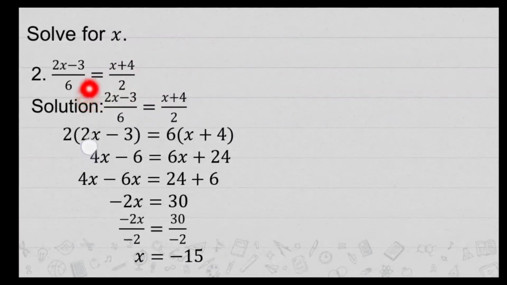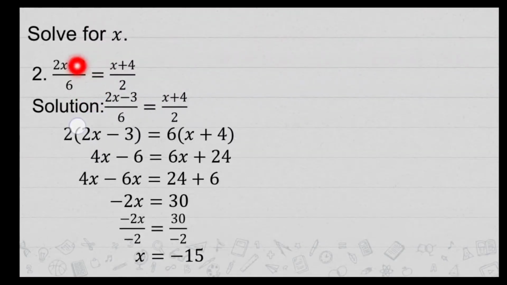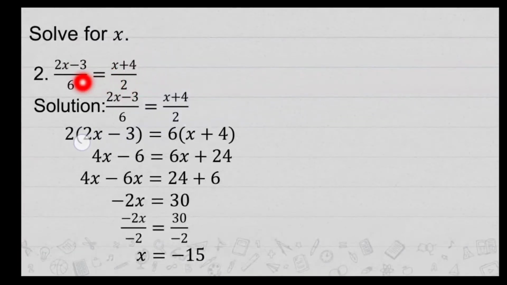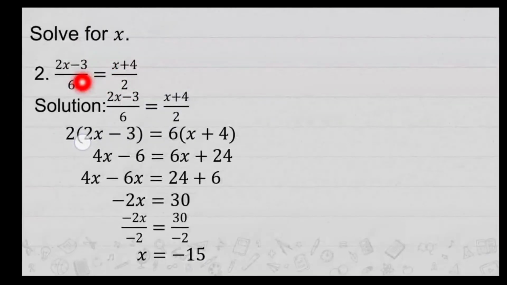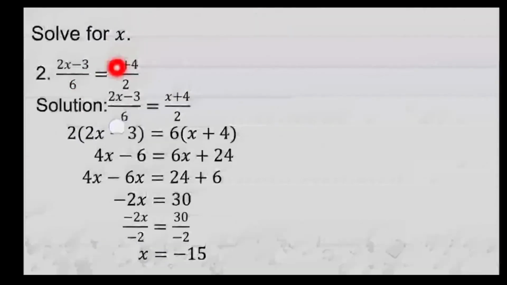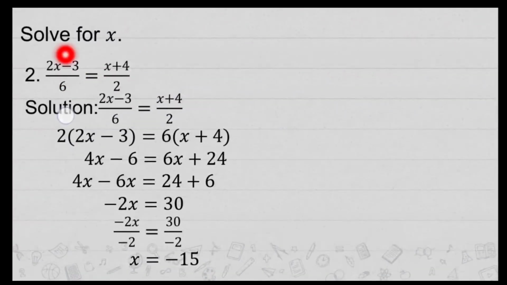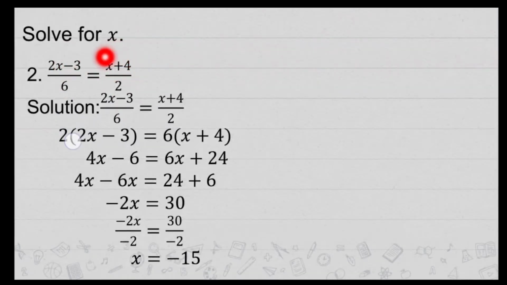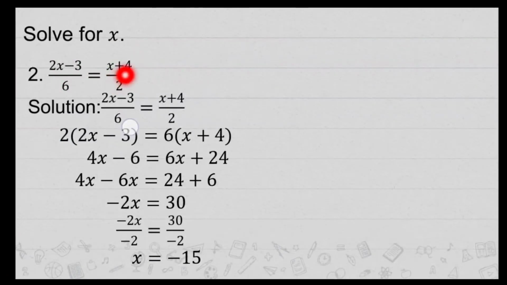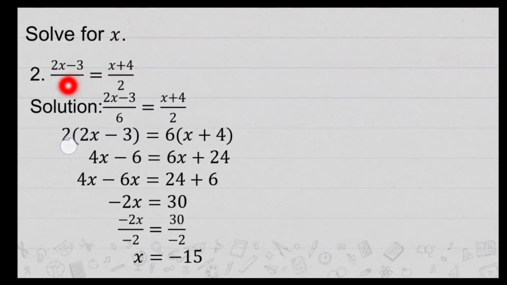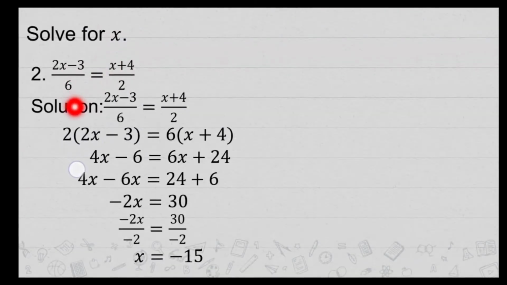Again, cross multiplication: the numerator on the left side times the denominator on the right side, then the denominator on the left side times the numerator on the right side. When we draw an x here, those are the numbers or expressions that we are going to multiply, okay? So this one and this one.